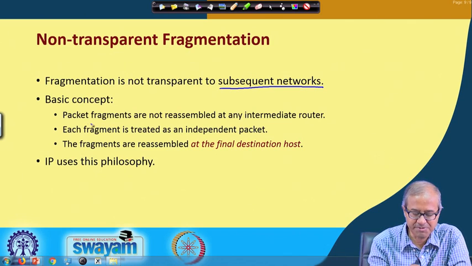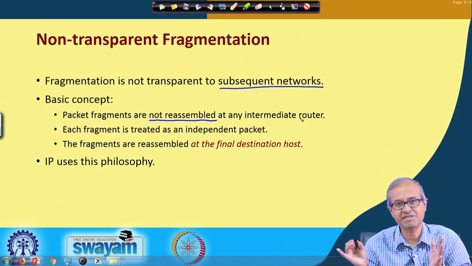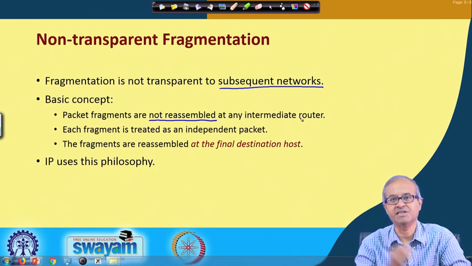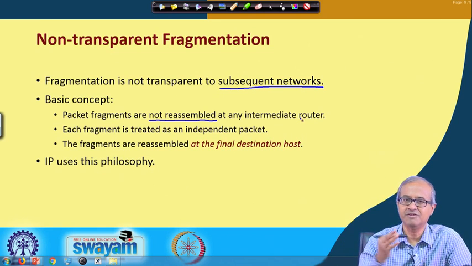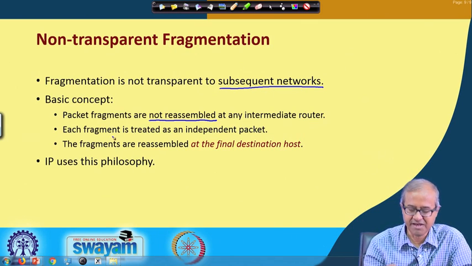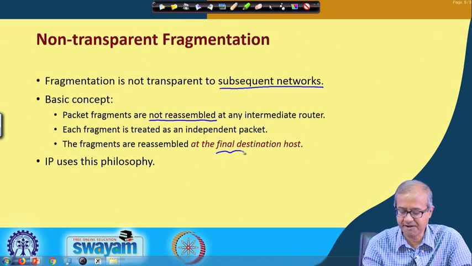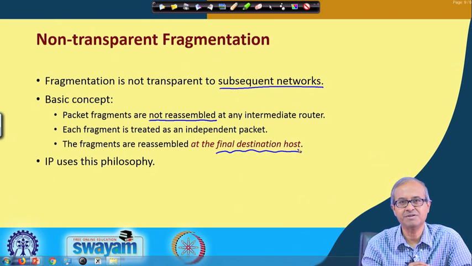So, the basic concept is that the fragments are not reassembled at any of the intermediate routers. Fragments are created and let them flow to the destination through the intermediate networks or routers, wherever they are. Each fragment is treated as an independent packet, as I said, and the responsibility of reassembling the fragments lies with the final destination host.